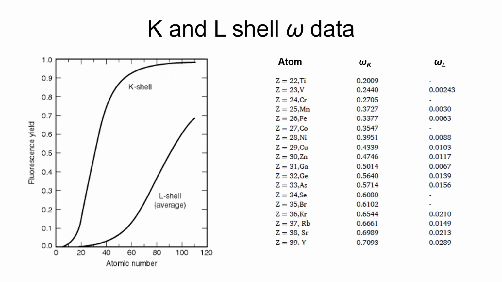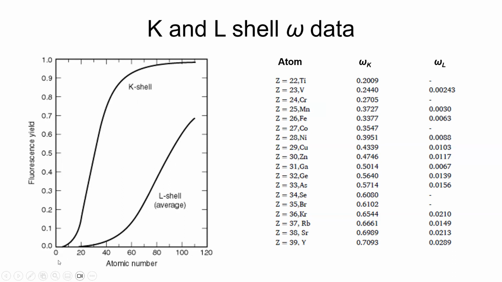So here's some data on this, okay? The table on the right is from a great publication that has a list of all the tabulated fluorescence yield data on a tremendous number of elements. And again, I will put a link in the description so you can see it, okay? But you see graphically on the left, as I go from the lower Z to the higher Z, I have a fluorescence yield that goes up and tends to approach 1. And then I see the same trend with L, but you can see the L yield is much lower than the K yield.